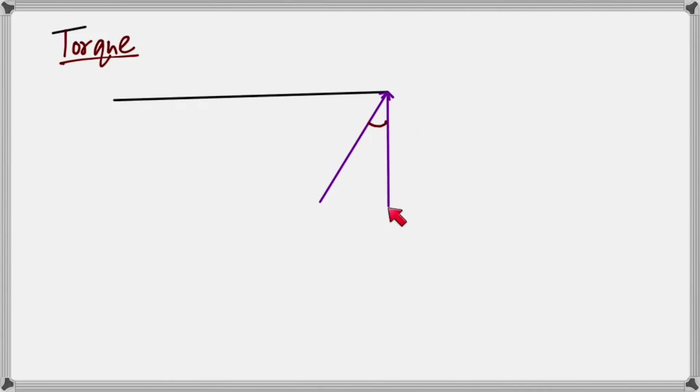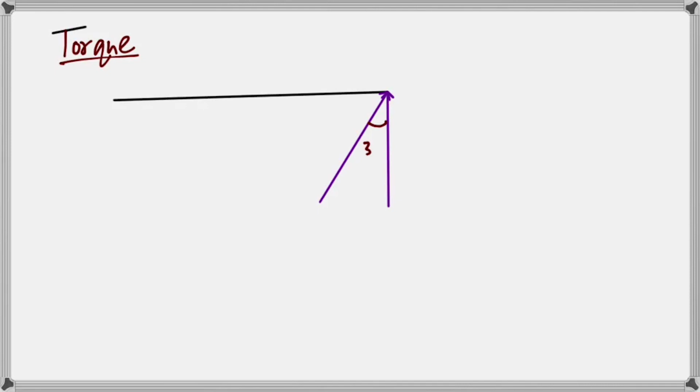That means the angle is 90 degrees with the door. Sine 90 is 1, you get maximum torque. On the other hand, if you apply a force at another angle, let's say 30 degrees, you're not going to get that same torque. You will get less.